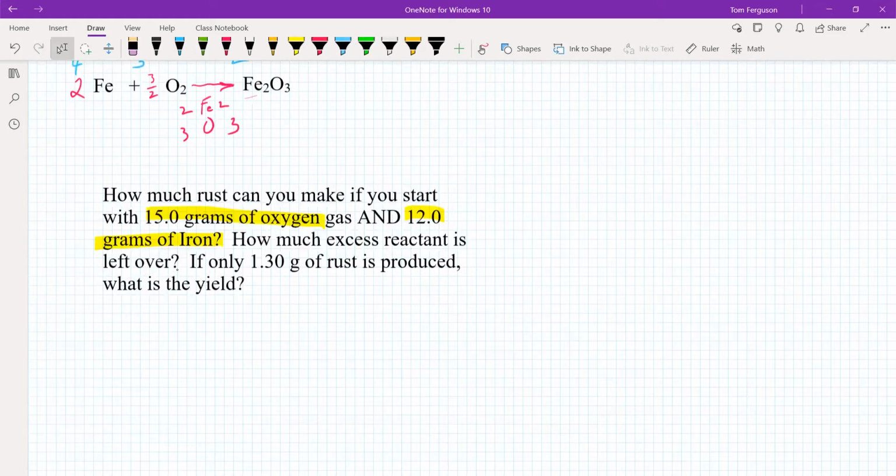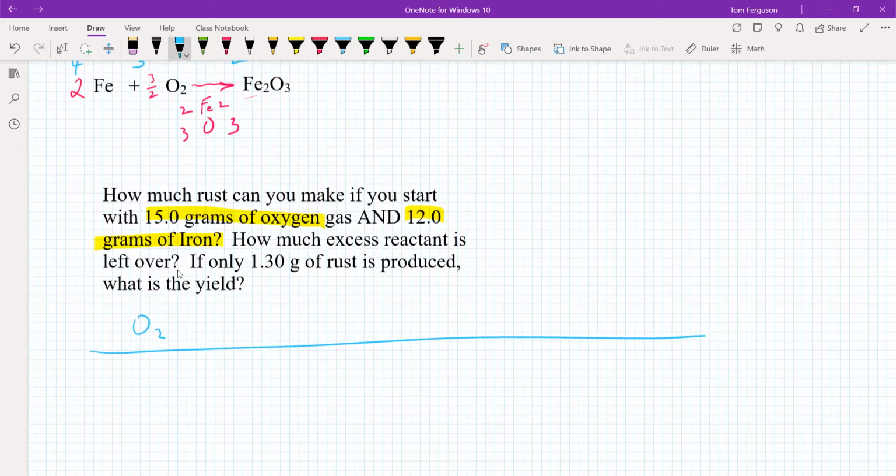So let's start with the oxygen gas first. Okay, so we're going to have O2, and we have 15 grams of oxygen gas. Now, we want to know how much rust is produced if we start with 15 grams of oxygen gas. We don't care about how much iron there is.